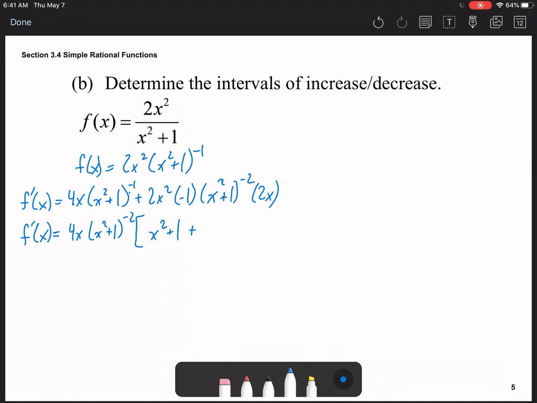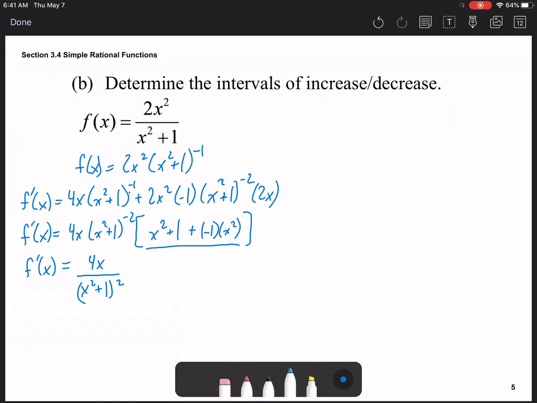Leaves me with a, let's see, -1 and an x squared from the last terms. So I simplify even further. Well, this set of square brackets actually turns out to just be equal to 1. So 1 times 4x is 4x all over x squared plus 1 squared.